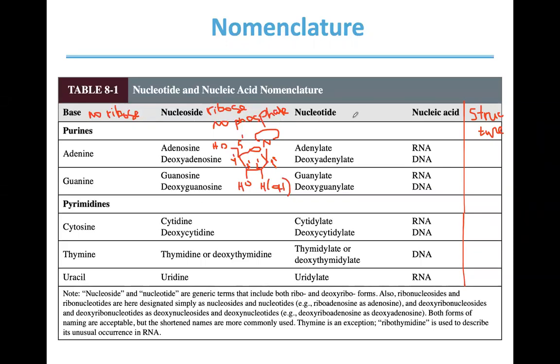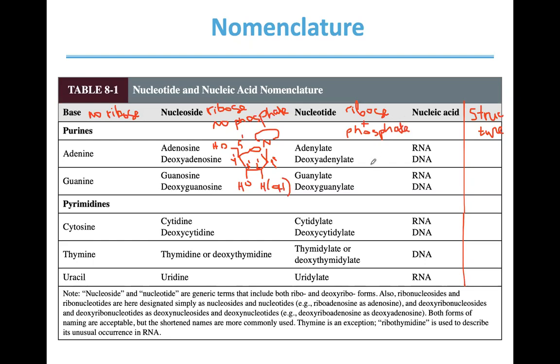Okay, then nucleotide. Now we have ribose and phosphate. So base, ribose, plus phosphate. So that will be a nucleotide, right?